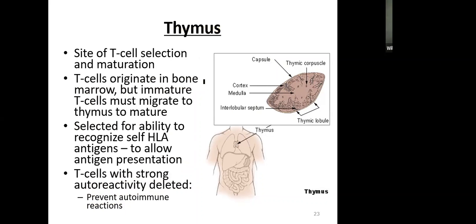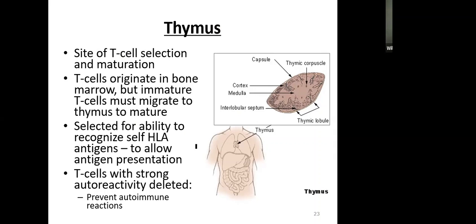We won't go through the histology of it yet, because we're going to talk about that another day. It's the site of T cell selection and maturation. The T cells originate in bone marrow, but must migrate to the thymus to mature, selected for the ability to recognize self-HLA antigens to allow antigen presentation.